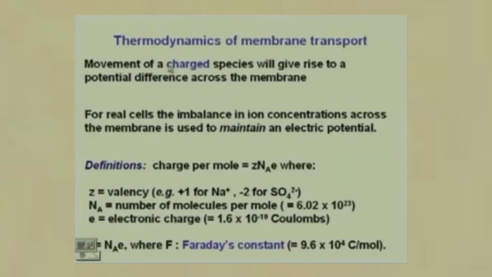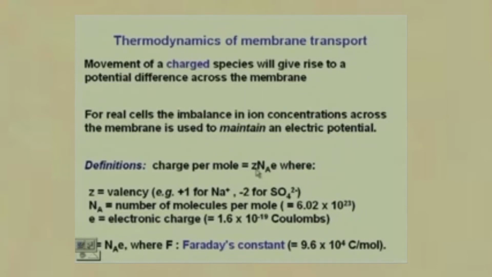Okay? So, when we have the movement of these charged species, it will give rise to a potential difference across the membrane, right? Due to the potential difference, there is going to be an imbalance of ion concentrations across the membrane. Okay? So, we have to have an electric potential. Now, this is just basic definitions which you all know.